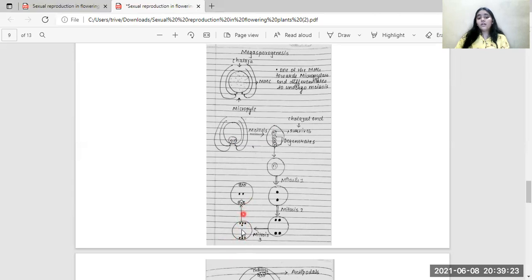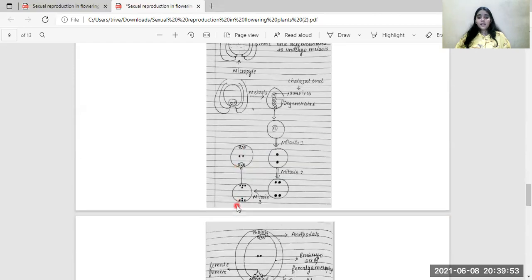Then the mitosis ends, and one nucleus from each end will be brought to the center. We'll further see what these parts are.